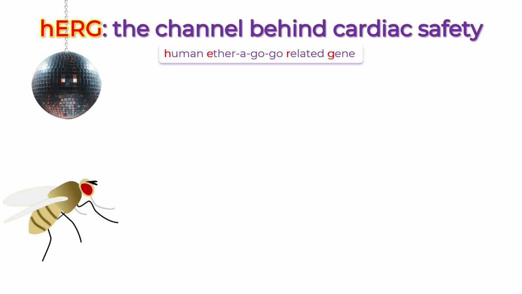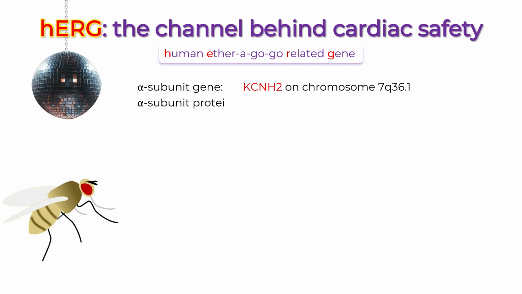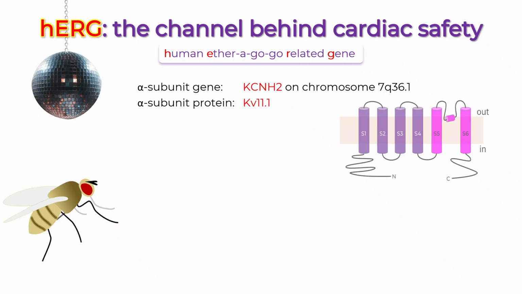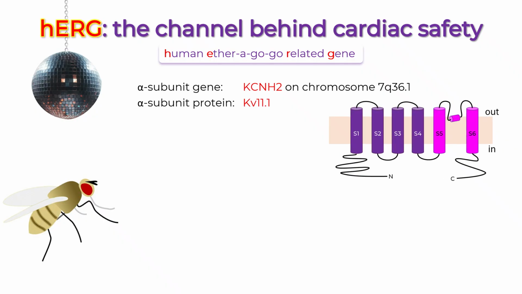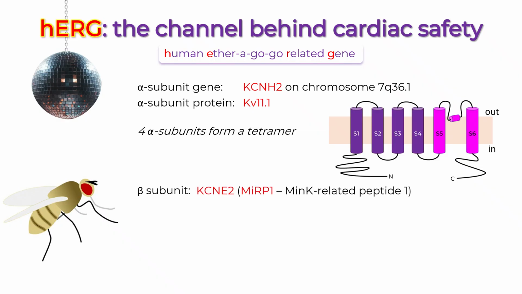Its systematic gene name is KCNH2, and it encodes the Kv11.1 alpha subunit. 4 alpha subunits assemble into a tetramer around a central potassium conducting pore, while the beta subunit MiRP1, encoded by KCNE2, can modulate channel behavior.